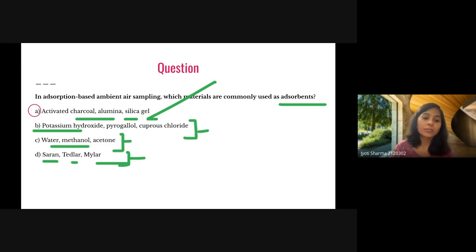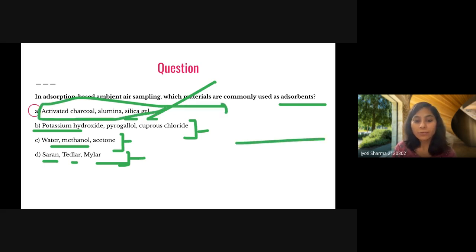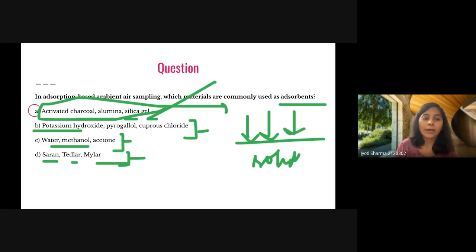Yes, so this is the part of your grab sampling. This is the only option where we are using some solid. So this is not the liquid. We have a solid surface into which we are adsorbing the gas, right? So this may be activated charcoal, alumina, and silica gel. So this will be the part of physical adsorbent.